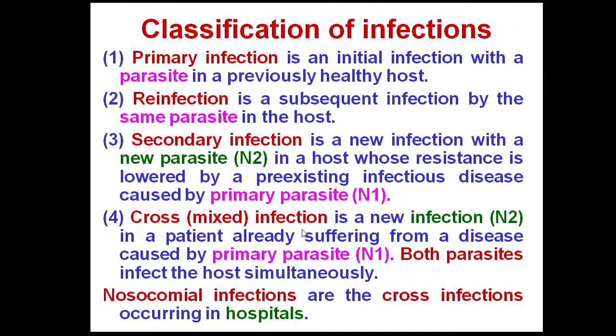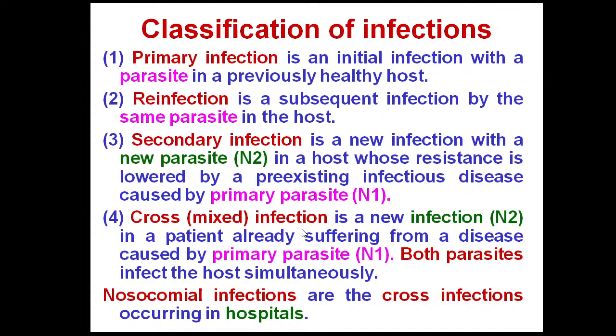Then we may distinguish secondary infection, a new infection with a new parasite, number 2, in a host that already has infection with the primary parasite, number 1, and this gives some stimulating factors for parasite number 2.